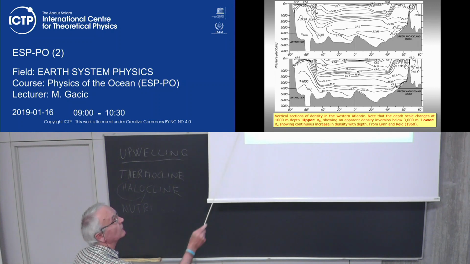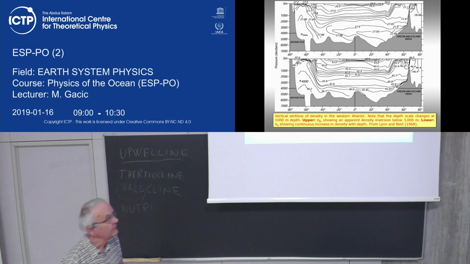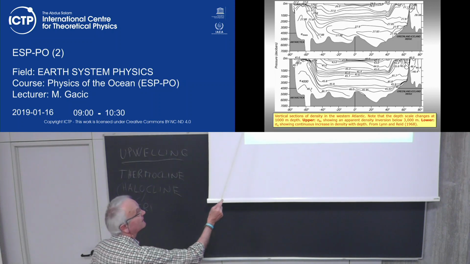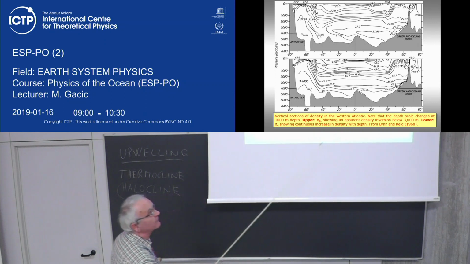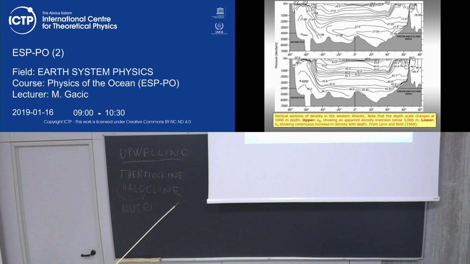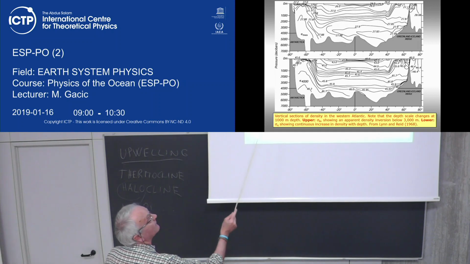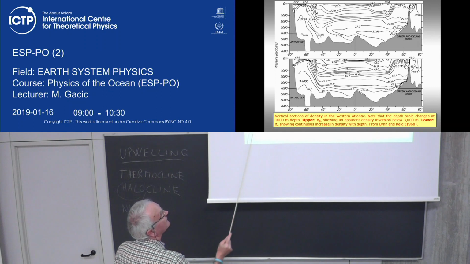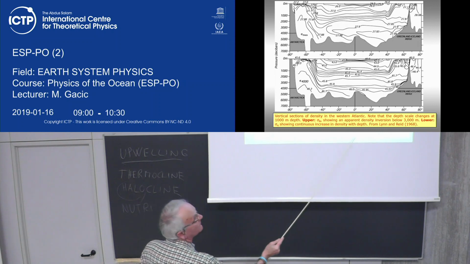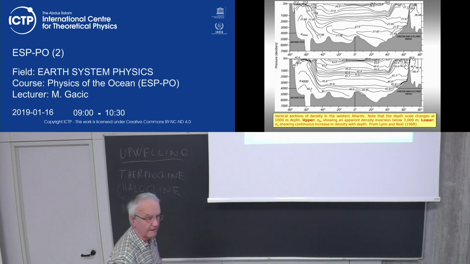The other thing I wanted to show you is the general features of the vertical distribution of density. This is Antarctica, and this is Greenland ice and ridge. And what is interesting in this graph is that the high density water reaches the surface both in the Antarctic and in the Arctic.